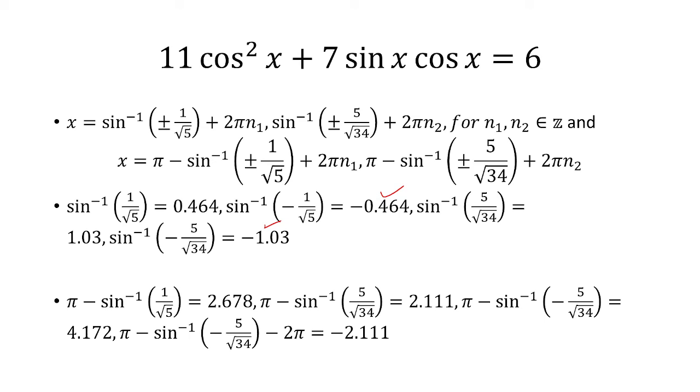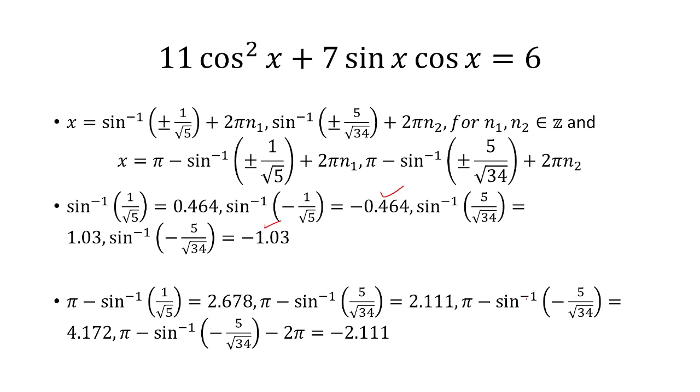Okay, now we look at pi minus the inverse sine. So we'll do pi minus inverse sine 1 over root 5. That's 2.678. If I subtract 2 pi, I'm still not between negative pi and 0. So this is not going to work. Now pi minus inverse sine of 5 over root 34. That's 2.111. Subtract 2 pi, I'm still not in the interval.